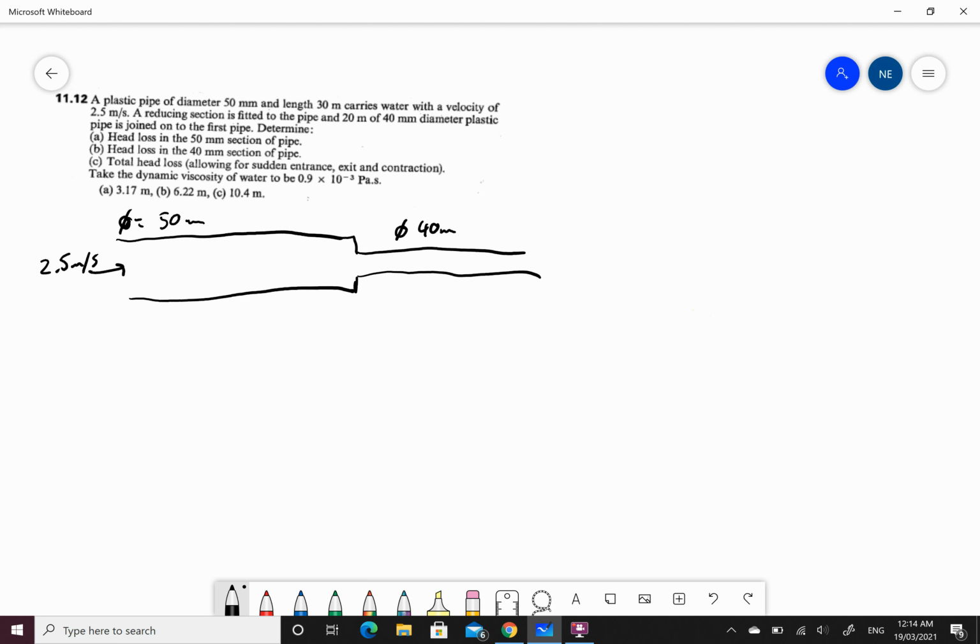Okay, how do I go about this? Well, we know from our continuity equation, V, A1, A2. I hope you all remember this one.